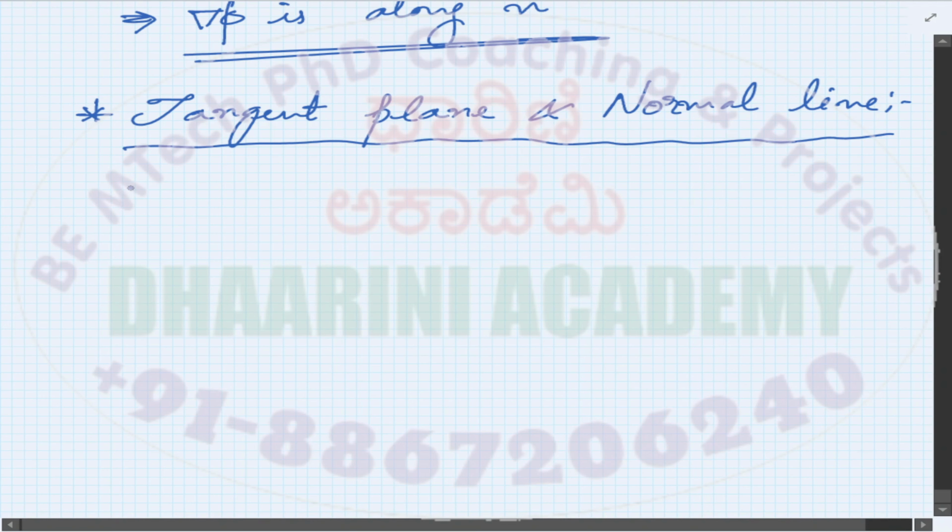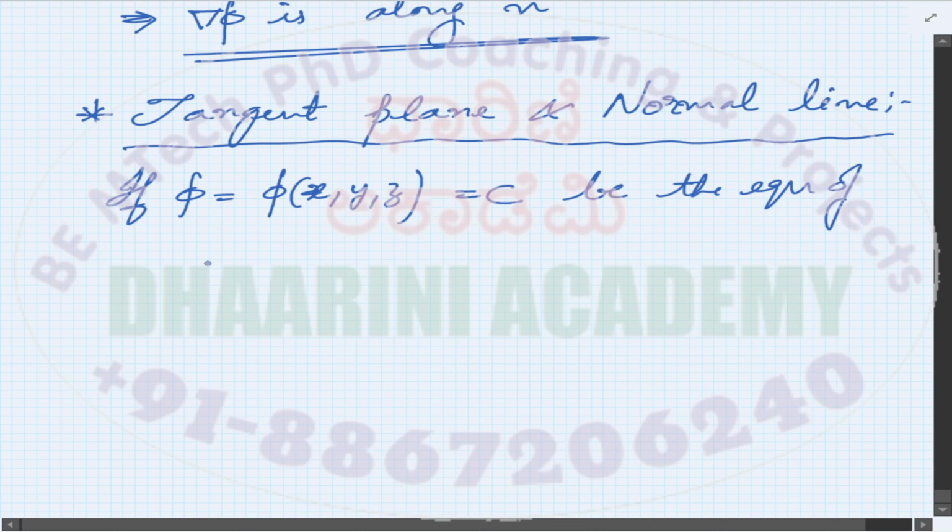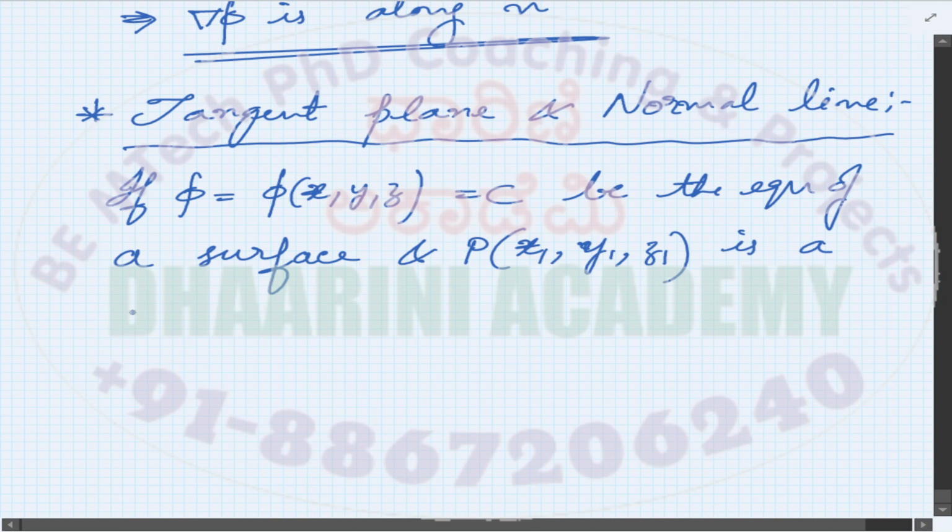So let us say phi is equal to phi of x comma y comma z equal to a constant, the equation of a surface, and let us say P, which is x1 comma y1 comma z1, is a point on this particular surface.